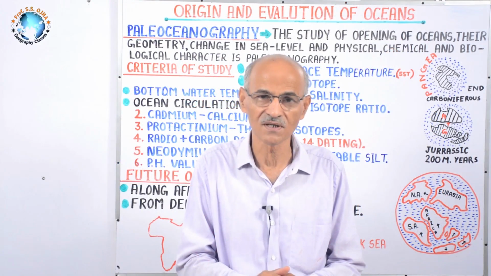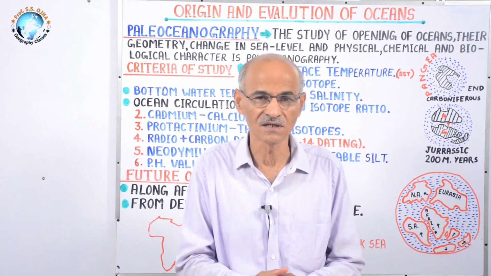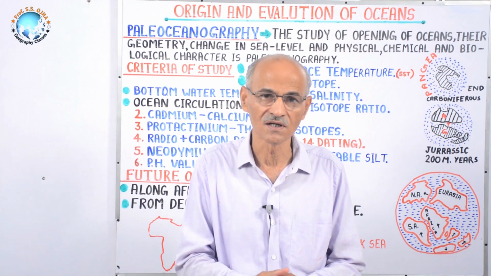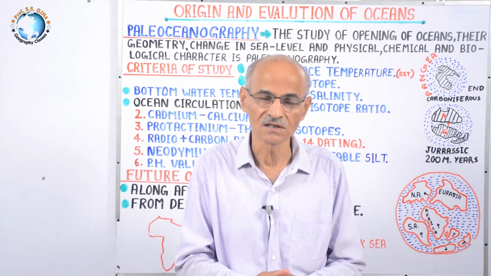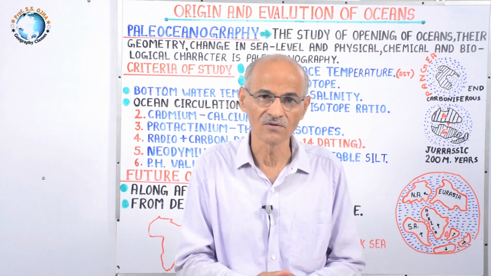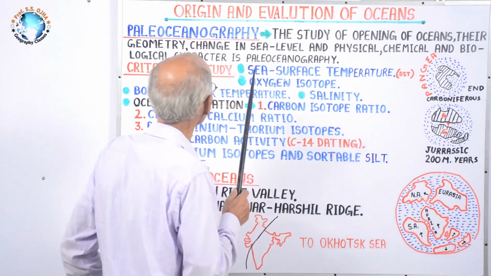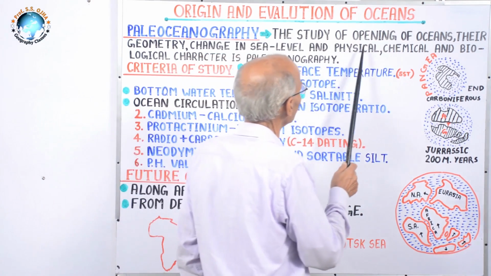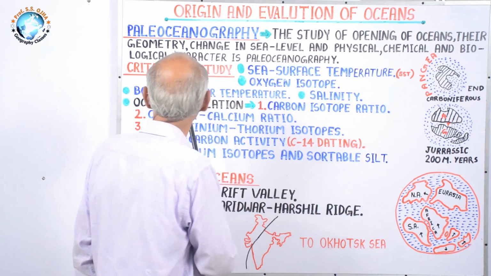The second aspect of the study of Paleoceanography is to study the geometry, means shape and size of oceans, their salinity, temperature, sediments, aquatic life, etc. So, let us have a glimpse of the second aspect of Paleoceanography, wherein we will have a special focus on the study of opening of oceans, their geometry.